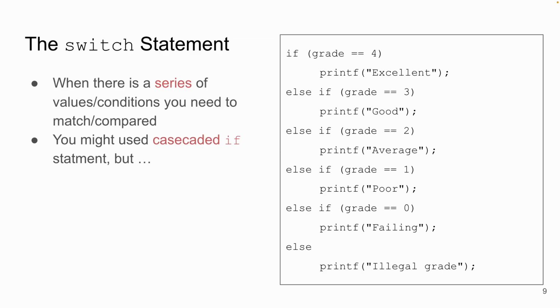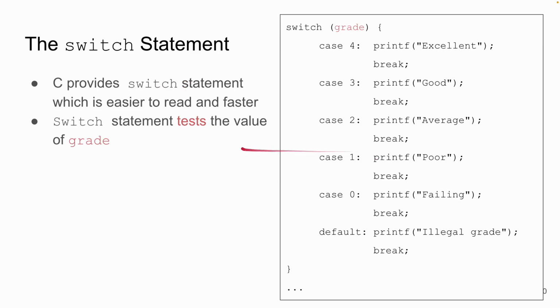So C offers another way to make this series of comparisons easier. C provides switch statements, which are easier to read, and the execution of switch statements in this case is faster than else if statements.